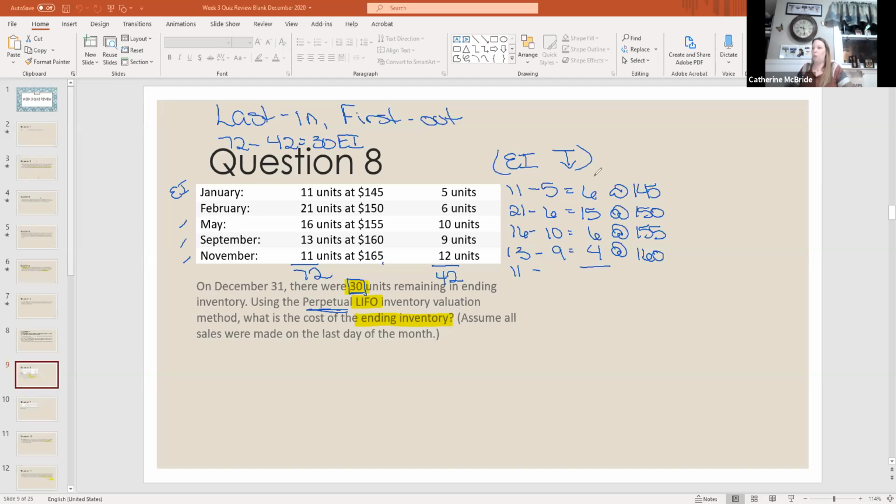Wait, that's already 31. So for the cost of ending inventory, we actually are going to have to stop at 3 here to get to 30 for ending inventory.